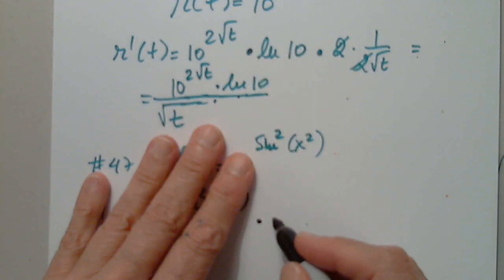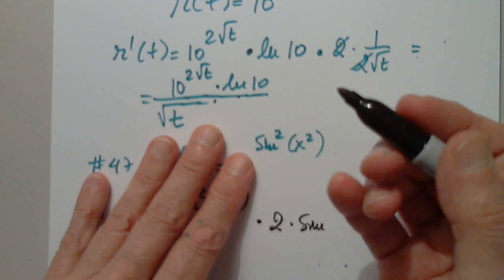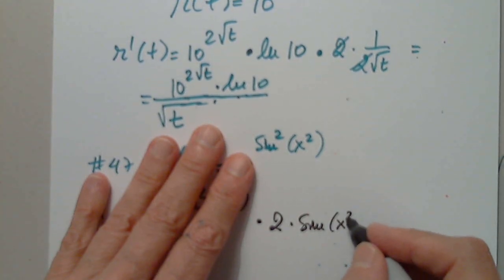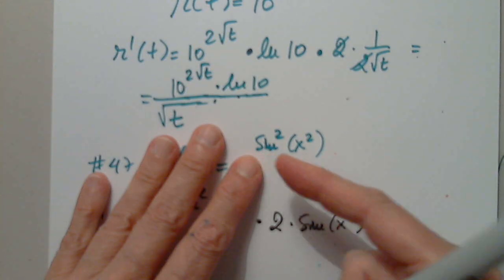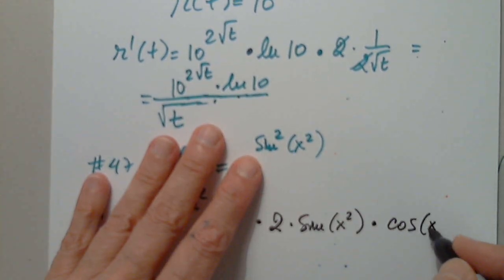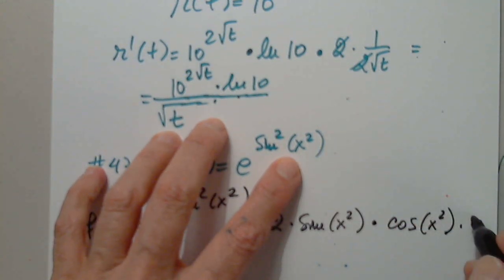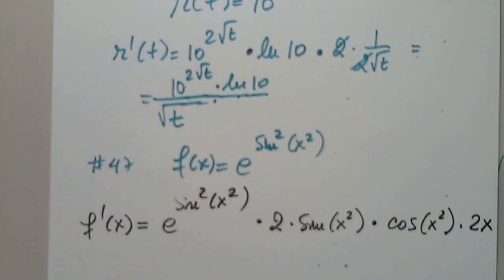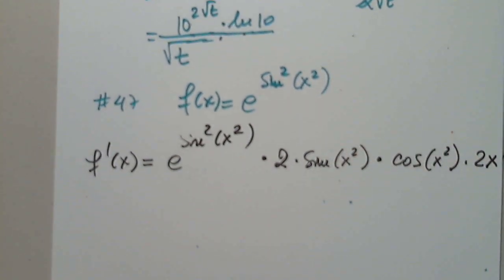Bring the power down, multiply by sine to 2 minus 1 of x squared times the inner function prime cosine of x squared times the innermost function prime 2x. It's a mouthful. Could you go through that slowly for this one? Of course, I'm going to do it separately and then I'll come back here.